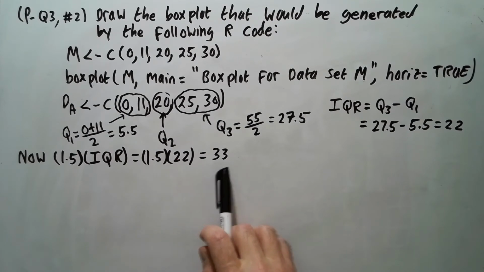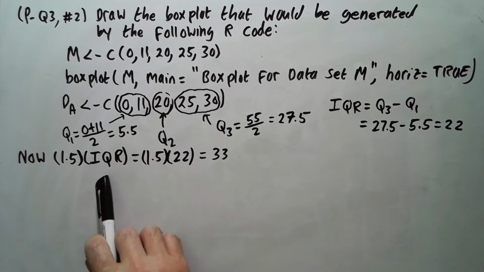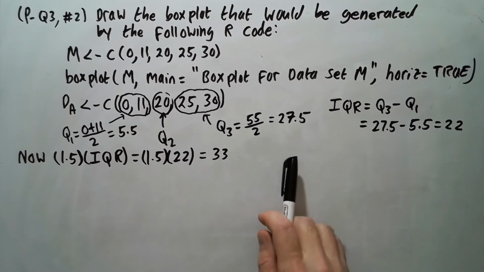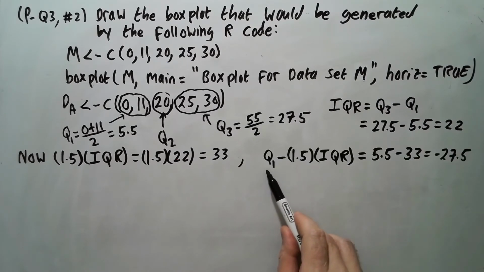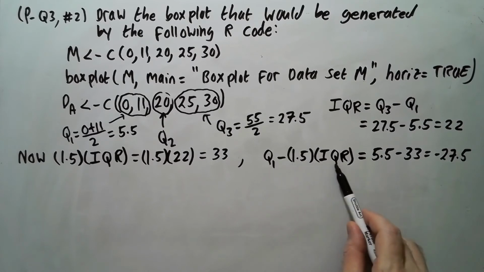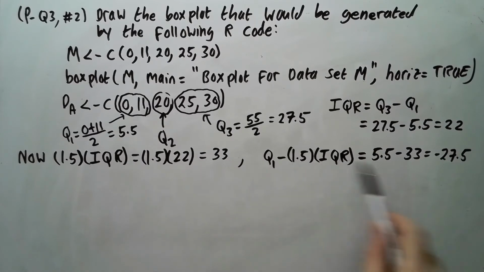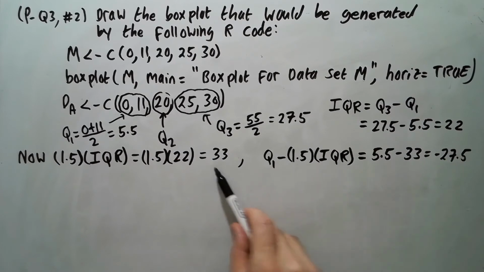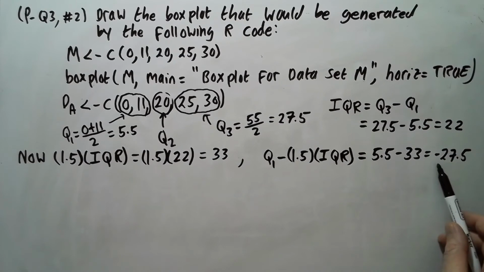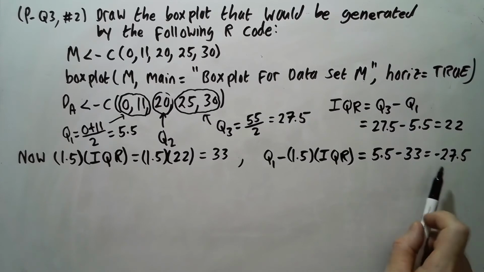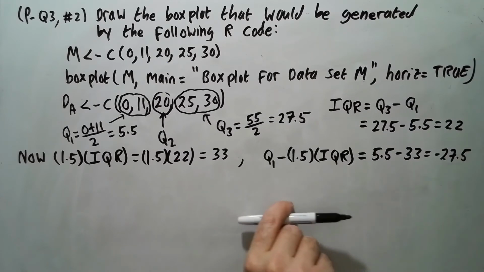Now let's look at Q1 minus 1.5 IQR. We'll use that to find our lower limit. Okay, so looking at Q1 minus 1.5 IQR. So Q1 is 5.5. 1.5 IQR is 33. So it'll be 5.5 minus 33, which is negative 27.5. Now let's compute the lower limit. So the lower limit would be starting at negative 27.5 and moving upward.